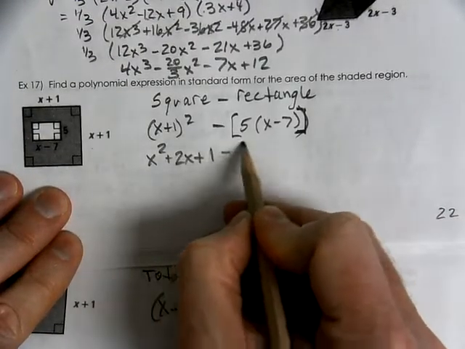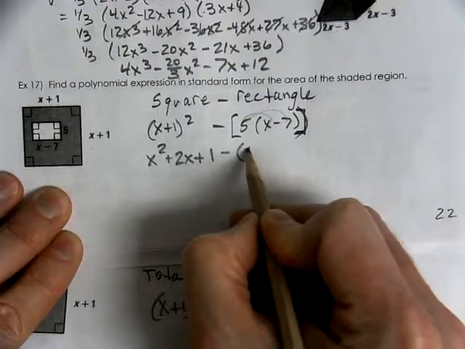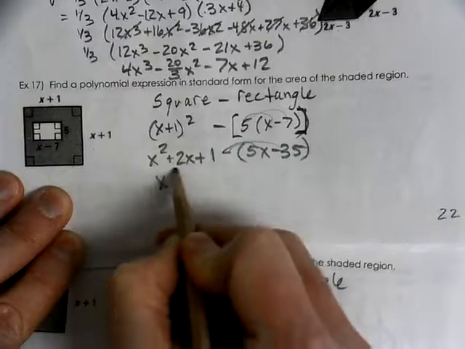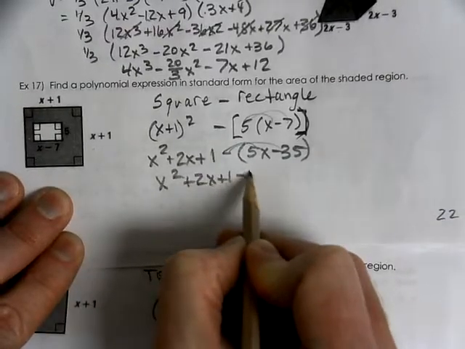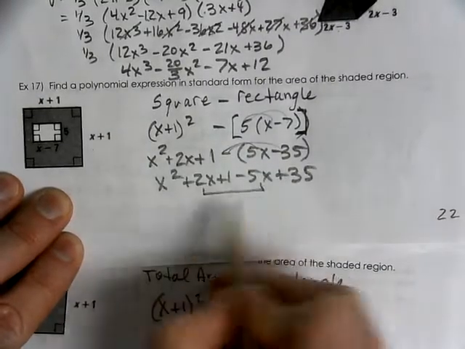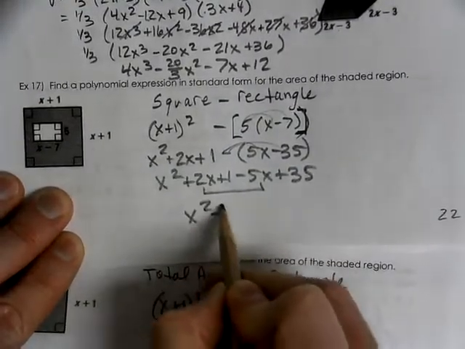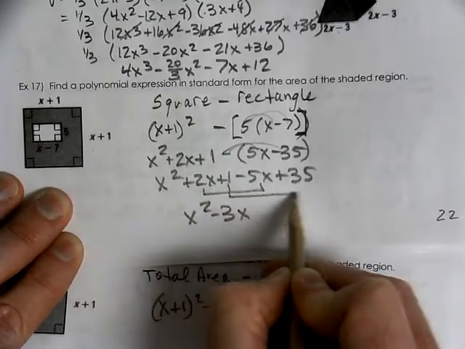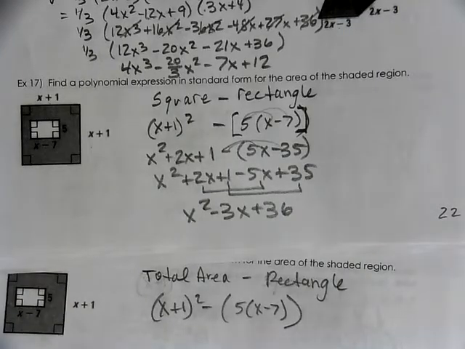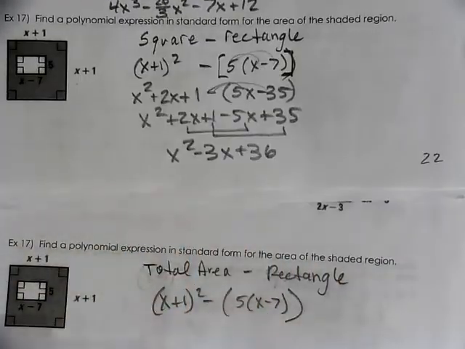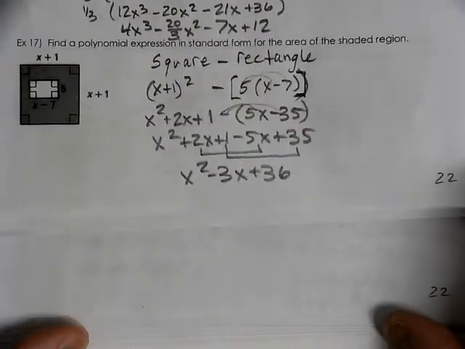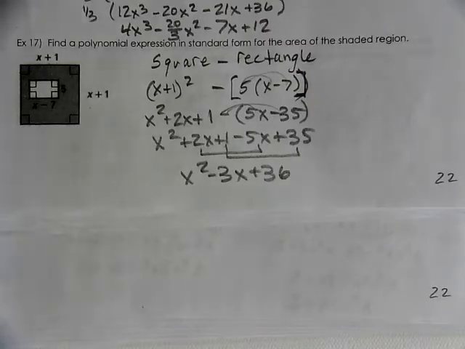Then we're going to minus 5x minus 35 and distribute that through. And collect our like terms. So there are some like terms to get x squared minus 3x, and then our like terms plus 36. That would be our polynomial expression for the area of this figure.